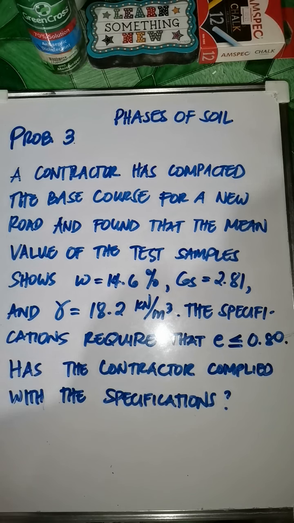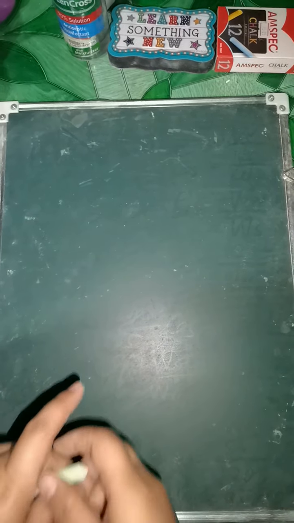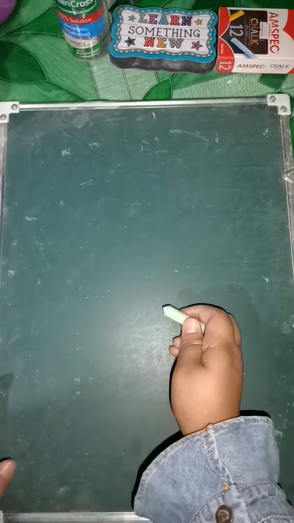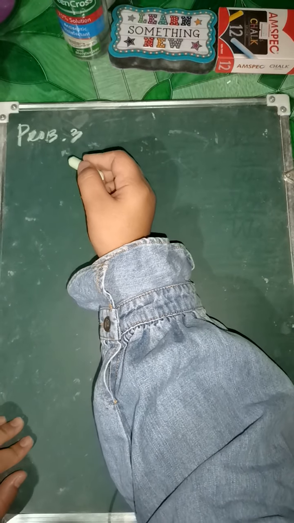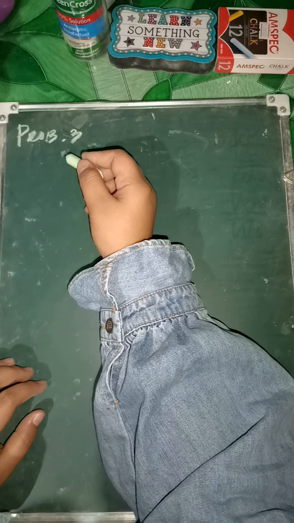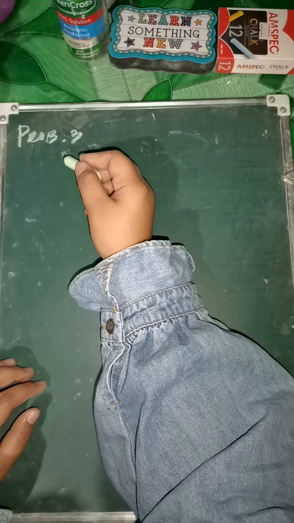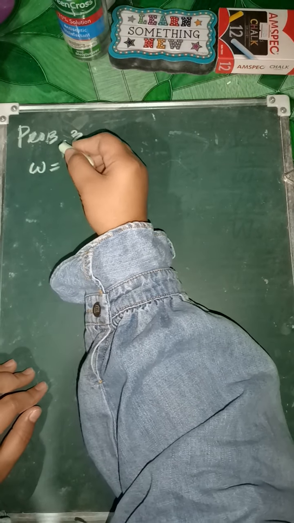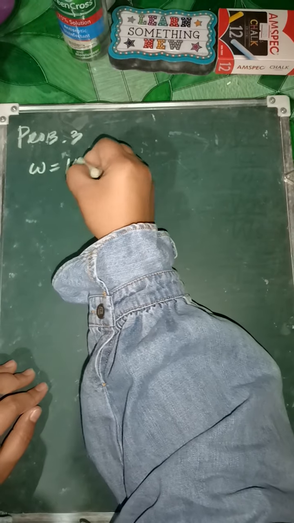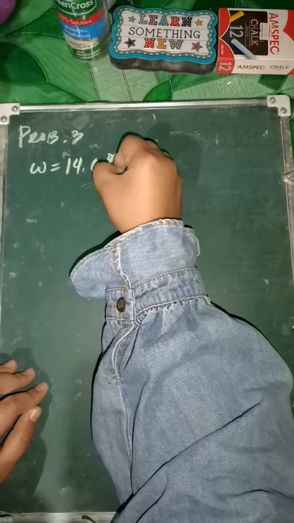Let's try to solve this problem. Let's try to solve the problem number 3. So our given here, we have the moisture content or the water content that is 14.6%.